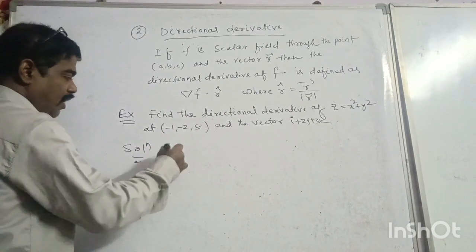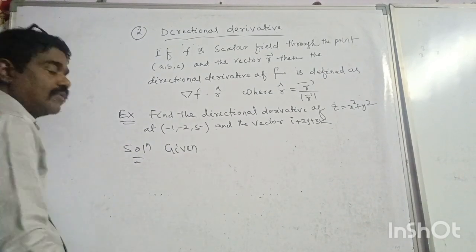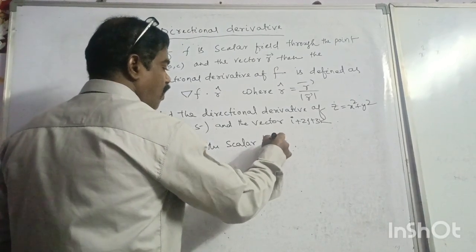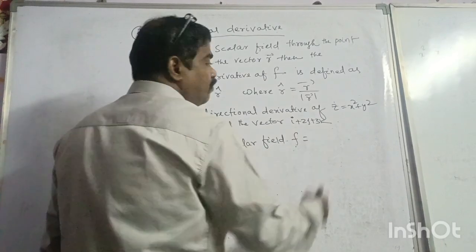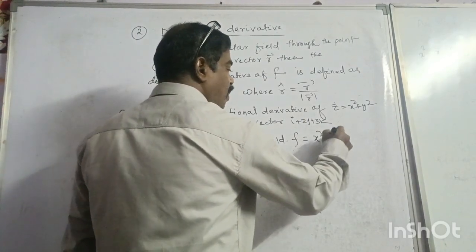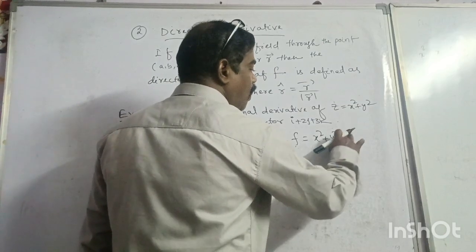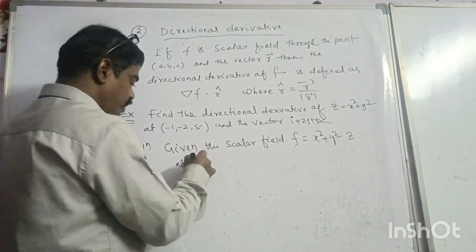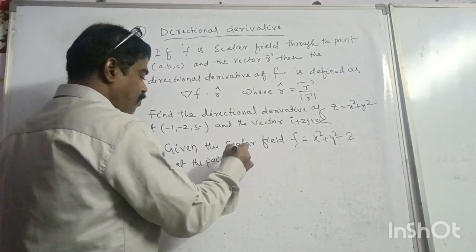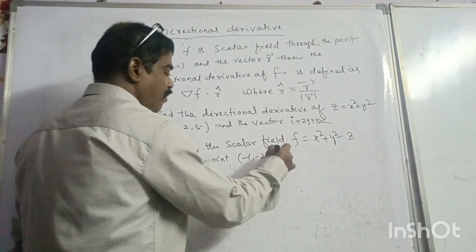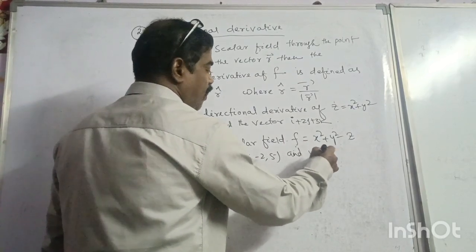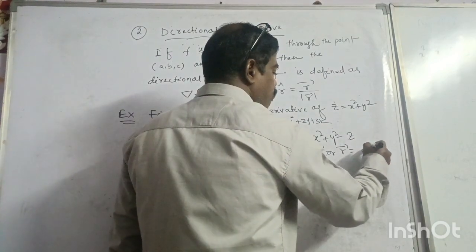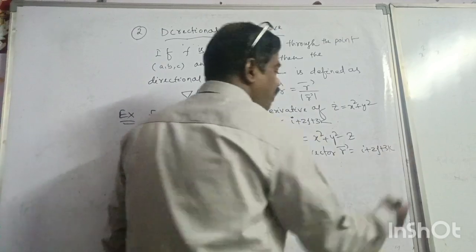See here, given the scalar field f is equal to x square plus y square minus z at the point -1, -2, 5 and vector r vector is equal to i plus 2j plus 3k.